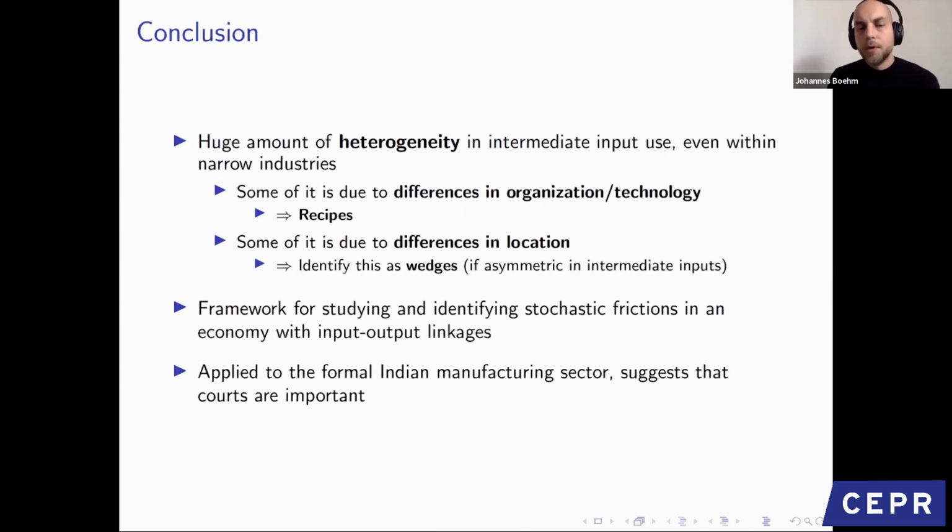We have also done some regressions where we use time variation, where we have studied instances where there are new benches of high courts being set up in particular parts of the state. And we look at whether these newly set up benches cause a change in the input mixes of the firms that are close to those benches, in a way associated with the prediction of the model.